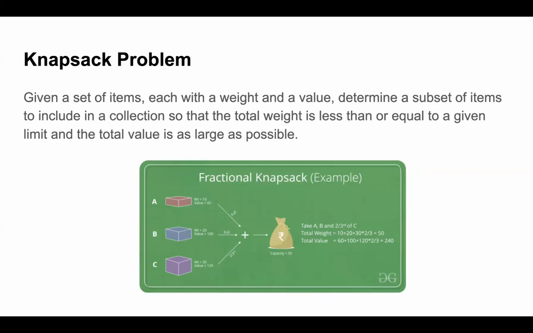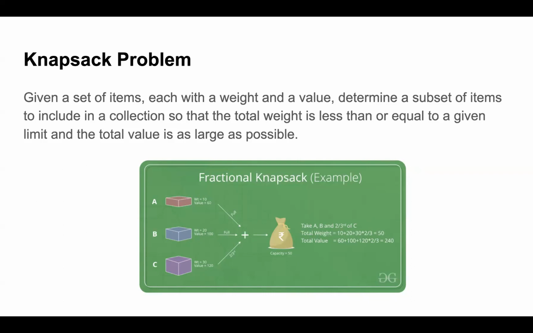Given a set of items, each with a weight and a value, determine a set of items to include in a collection so that the total weight is less than or equal to a given limit and the total value is as large as possible. Okay.